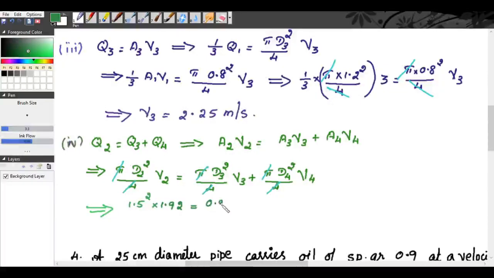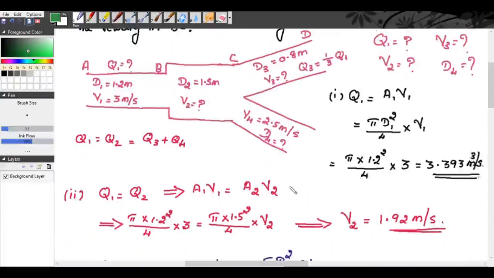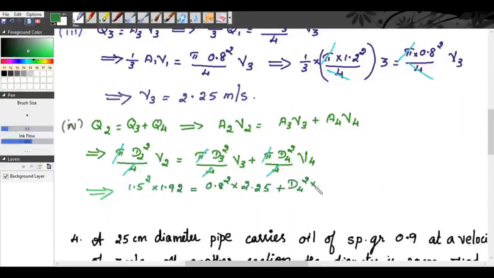So 0.8 square into V3, we have found it as 2.25 meter per second, so 2.25 plus D4 square into V4. What is V4? It is given as 2.5 meter per second.